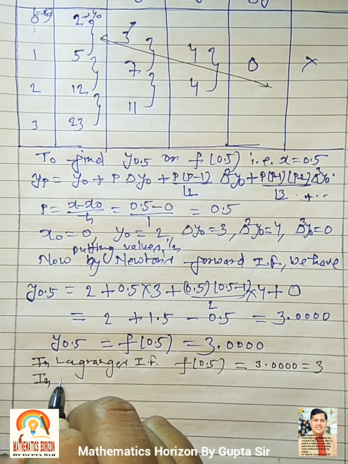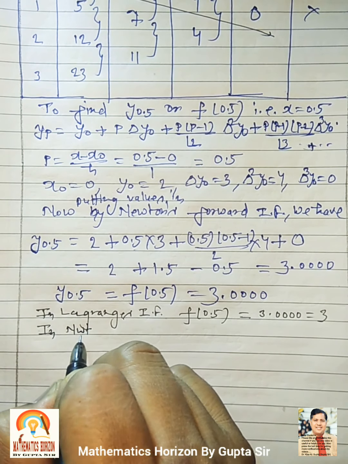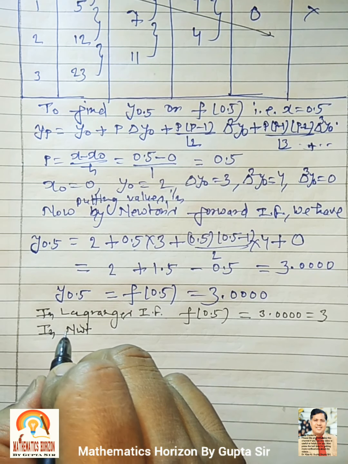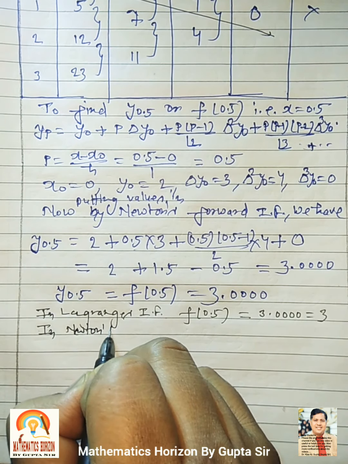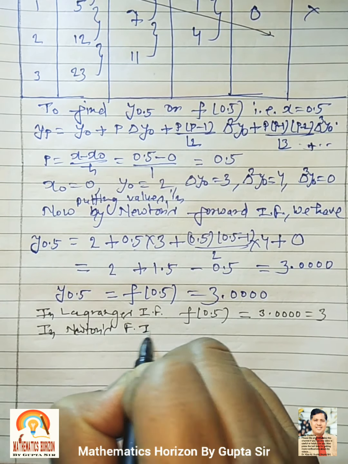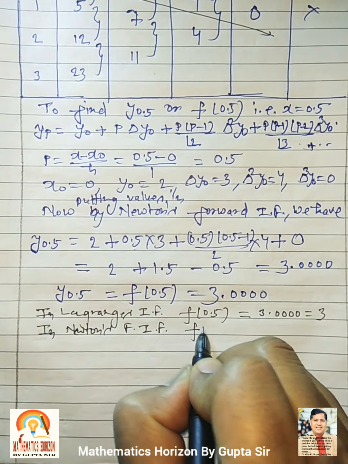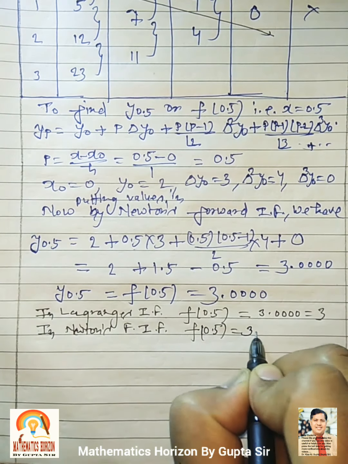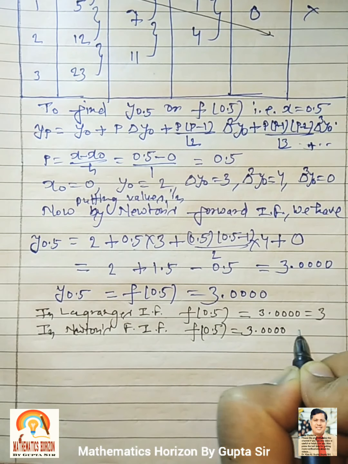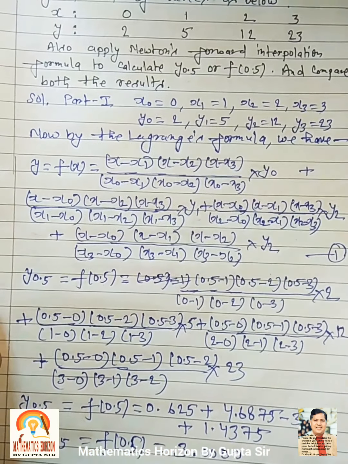And what we have in the answer when we apply Newton's forward interpolation formula, f 0.5 is equal to 3.0000, that is 3.